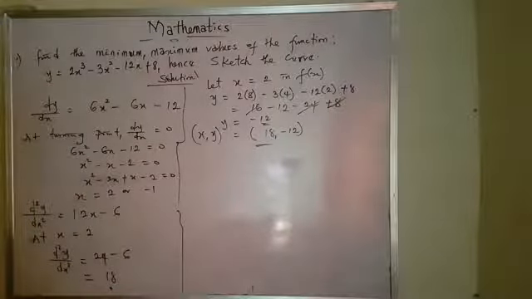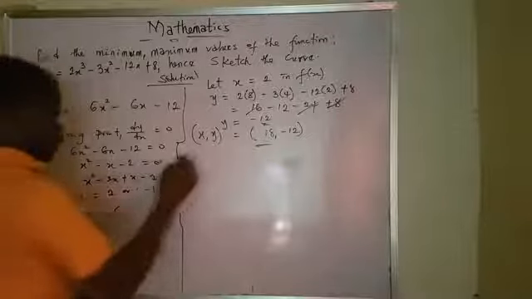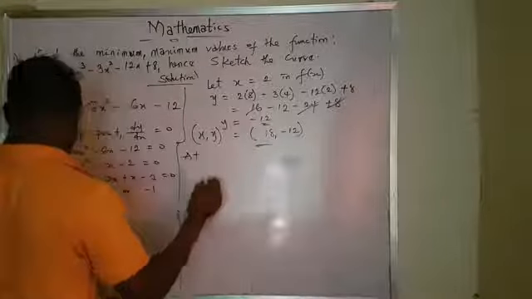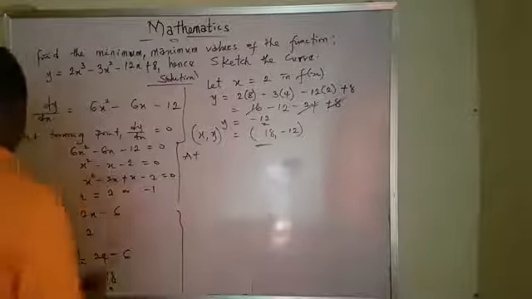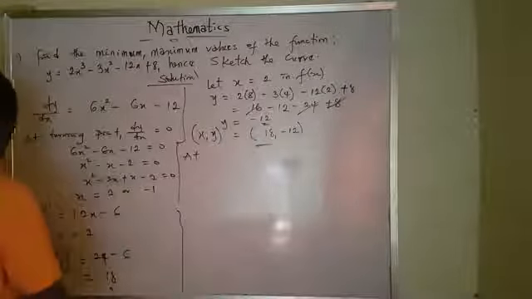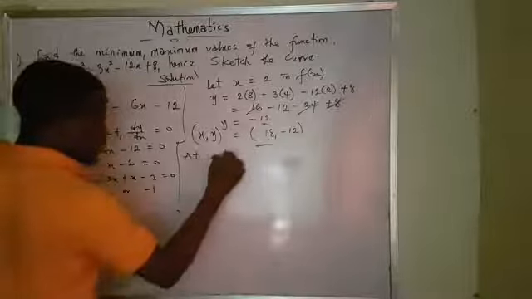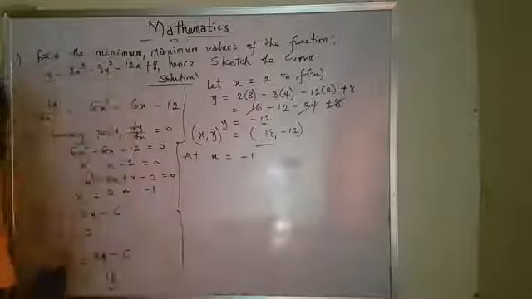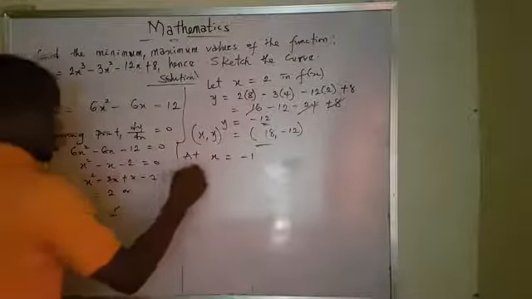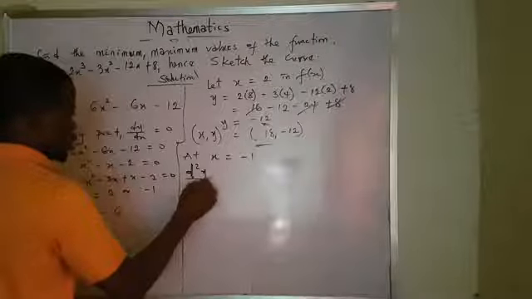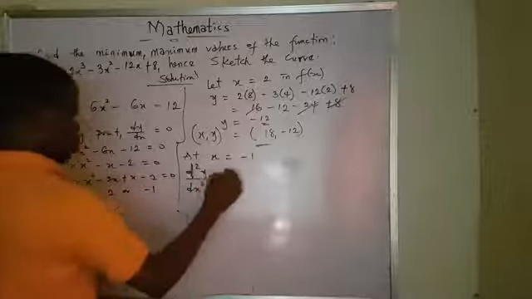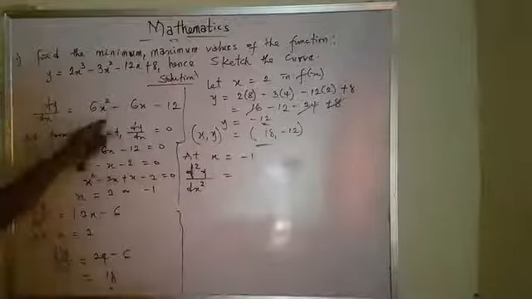Let's treat the point at x equals minus 1. What do we have? d squared y over dx squared can be equal to what? The dy/dx is this, right?